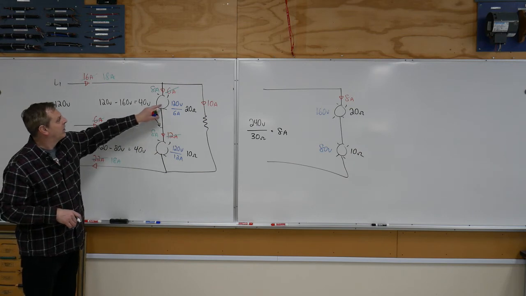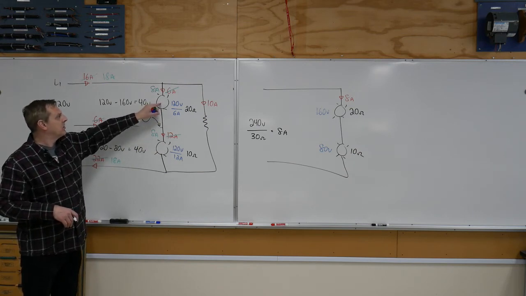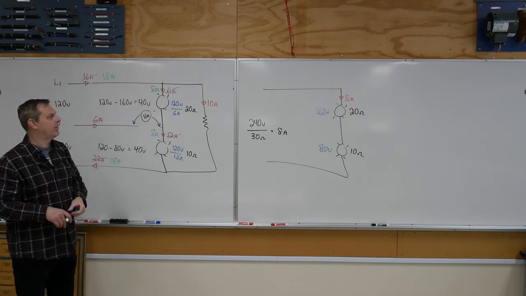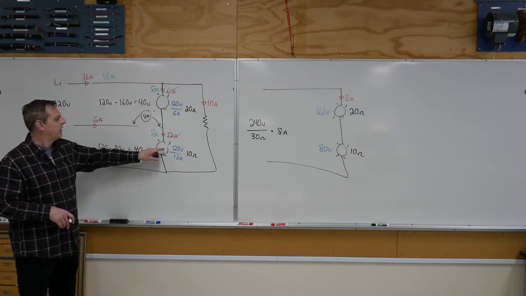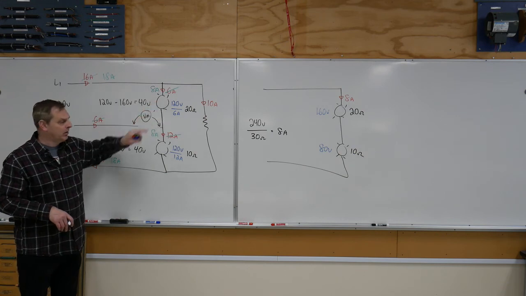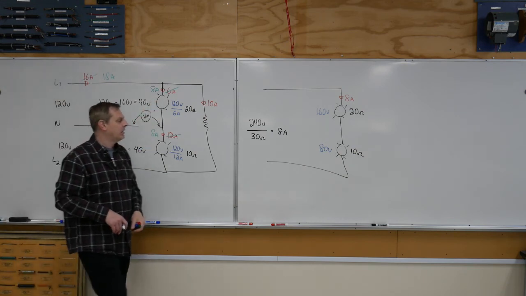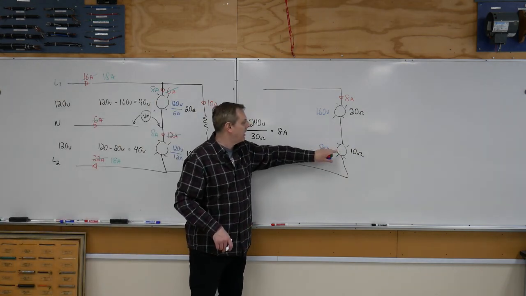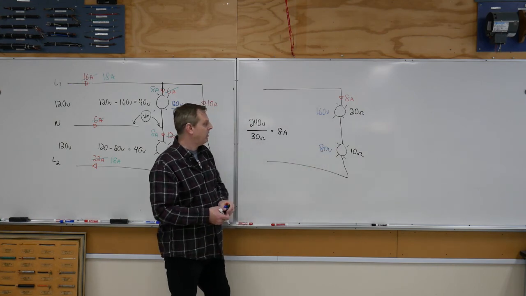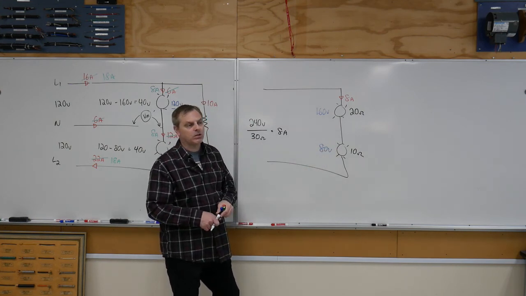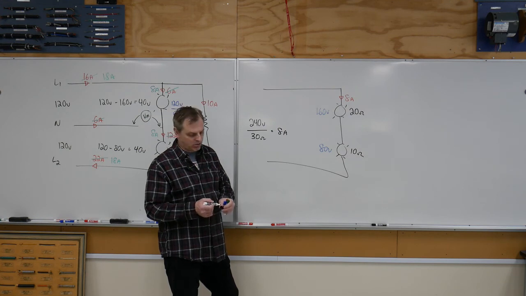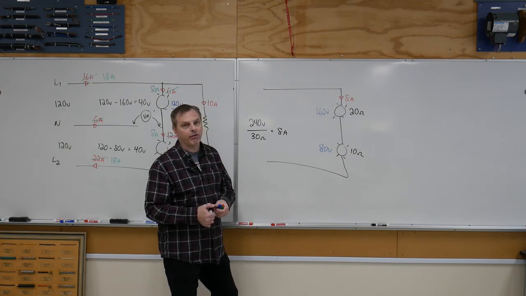You've got one load drawing more current than it was rated for and having a greater voltage drop than it was ever rated for, meaning it's probably going to fail. Or the other way around, let's say this is your refrigerator. If you feed your refrigerator with only 80 volts of supply, it's going to be really hard on the equipment to try to operate. So your refrigerator might fail.